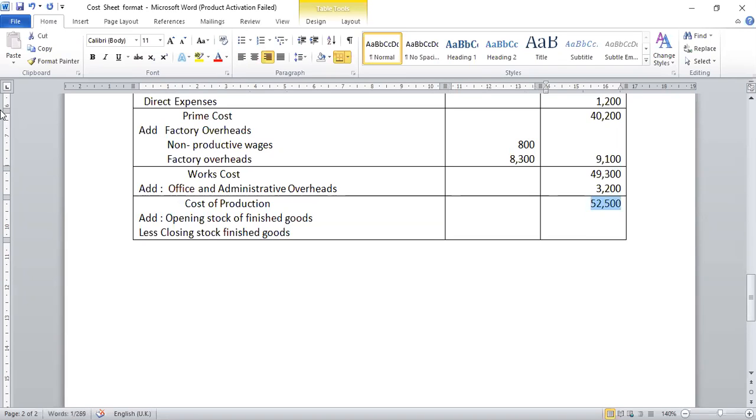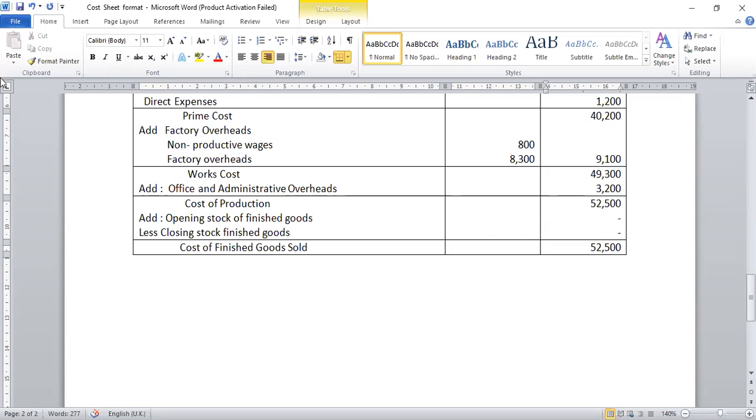But there is no opening stock of finished goods and no closing stock. So we can write dash here. Okay. So next step, what will be after this? Cost of finished goods sold. This will be the same amount because there is no opening and no closing stock, 52,500.